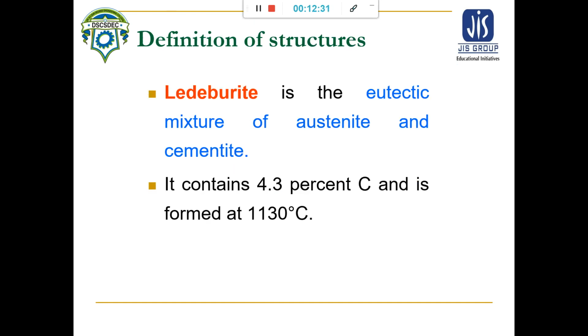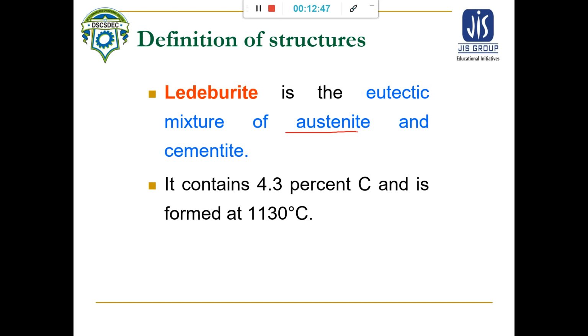Next is ledeburite. Ledeburite is another reaction mixture. It is the eutectic reaction mixture of austenite and cementite. We will see what is eutectic reaction and what is eutectoid reaction.